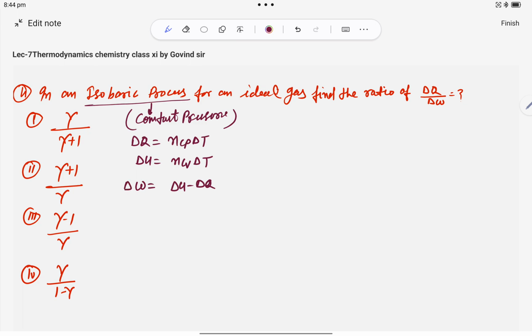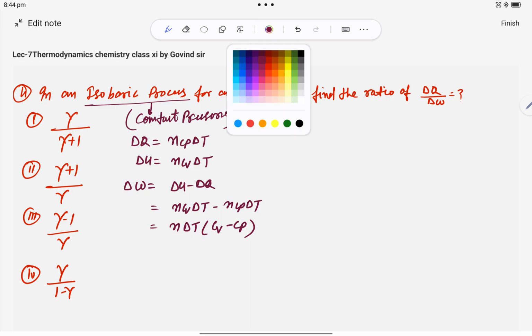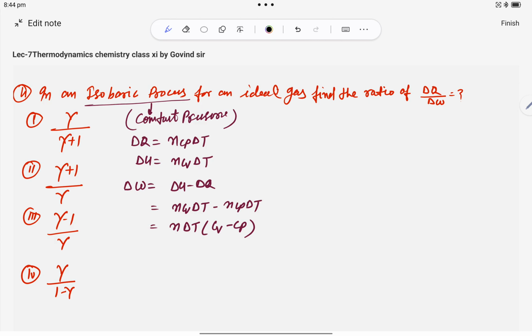From the first law of thermodynamics, delta U minus delta Q. So put the values: n Cv delta T minus n Cp delta T. From here, what is common? n and delta T, then Cv minus Cp. Find out the ratio, children. What they are asking is delta Q upon delta W. Put the value.